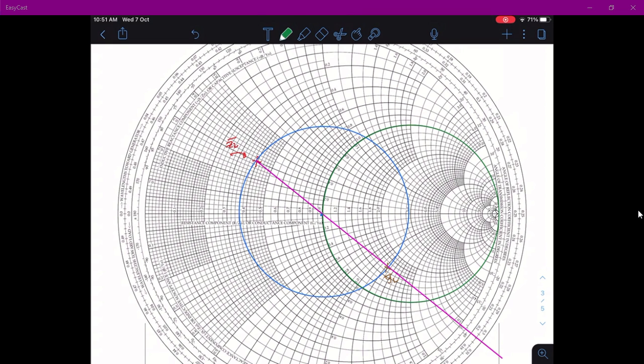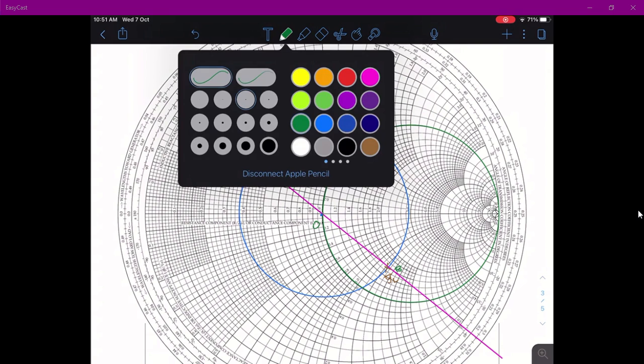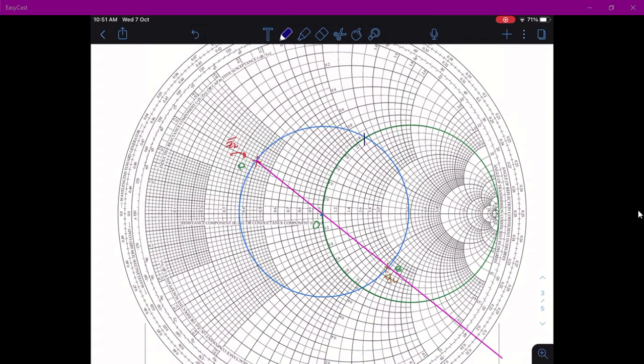So this is O, this is A, this is B. The intersection of the circle r equal to 1 and the VSWR circle is somewhere here. Similarly, a similar intersection will occur somewhere here. Fine. So this is P and this is Q.